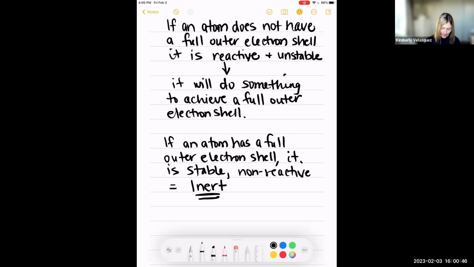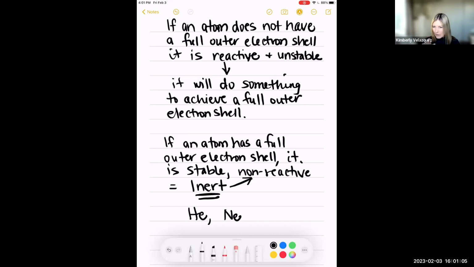Inert means non-reactive. So helium, neon. In fact, everything in that very last column that I pointed out, which is going to be called column 8, is stable and non-reactive.